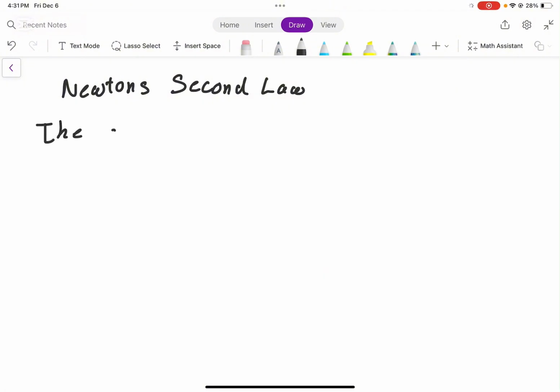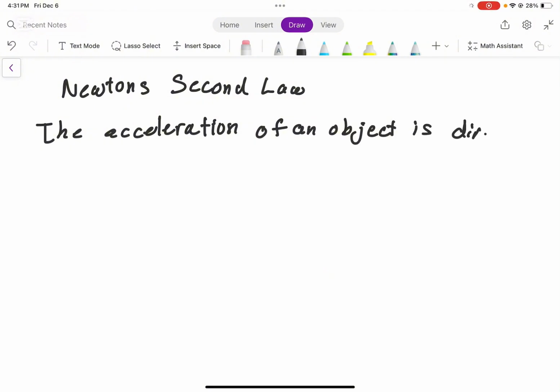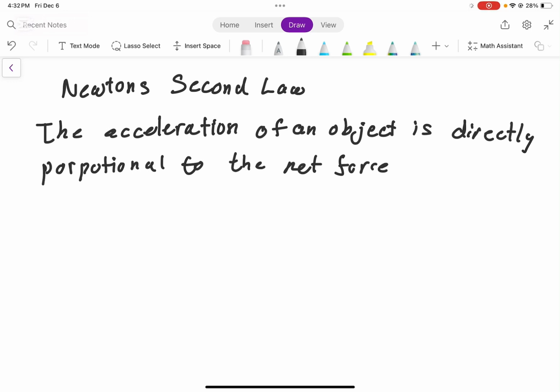So the acceleration of an object is directly proportional to the net force acting on it.